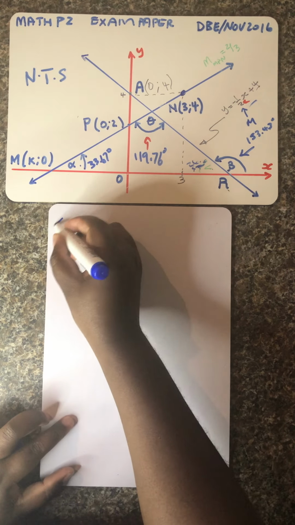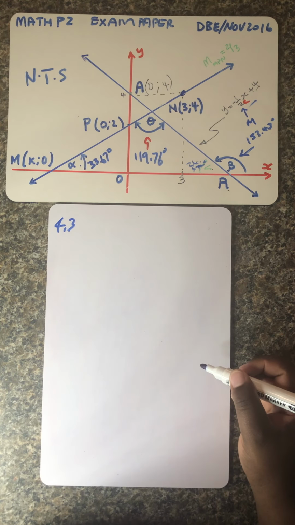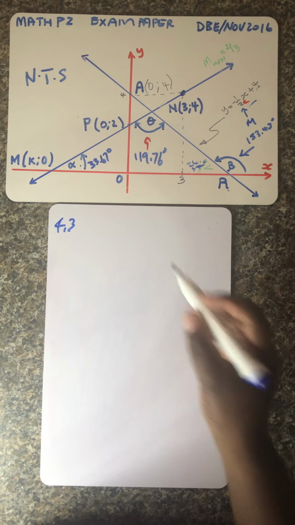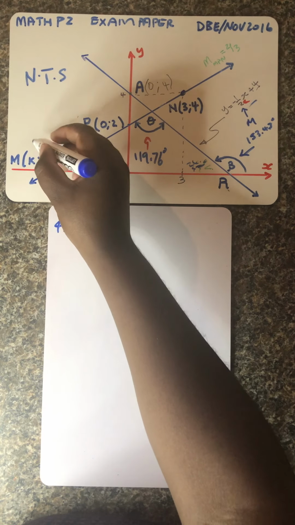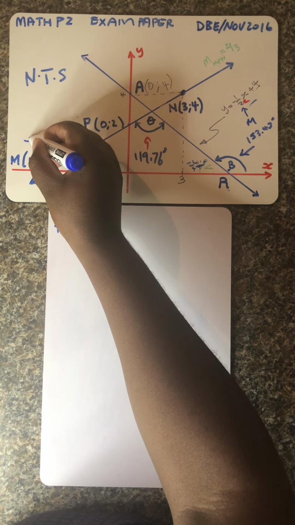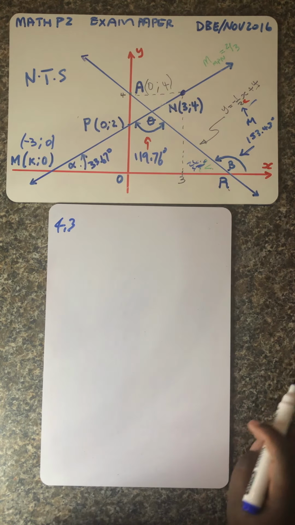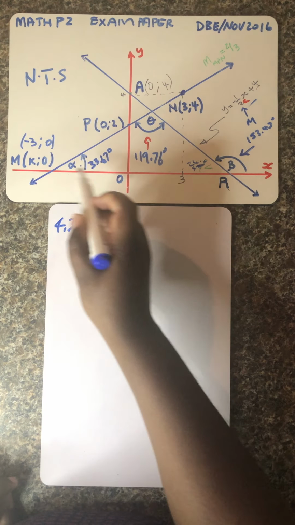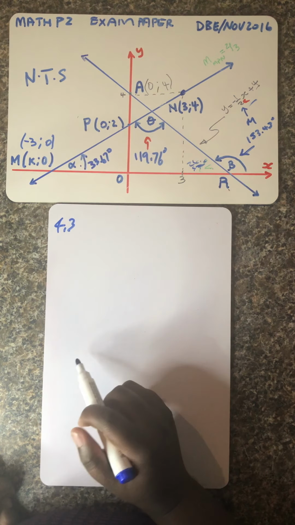This is M, this is R. Remember, we just calculated K in our first question, and the value of K was -3. So from there to there, it's -3. In terms of length, it is 3 units.